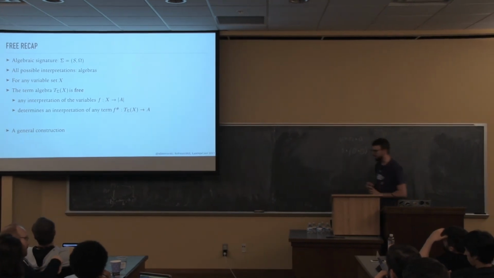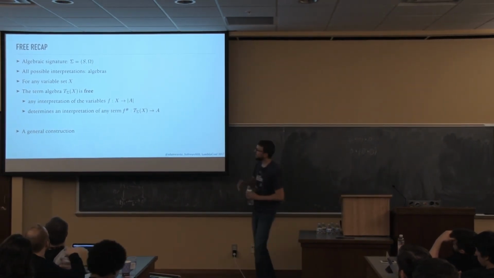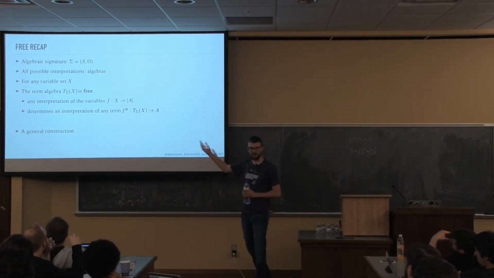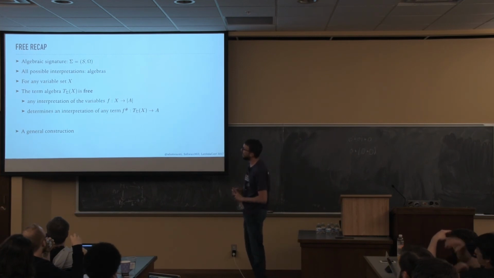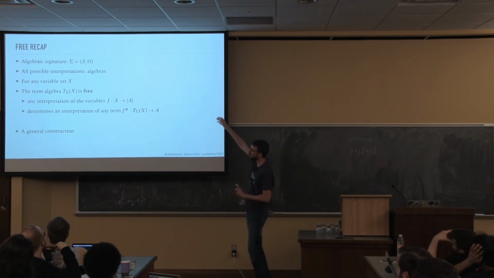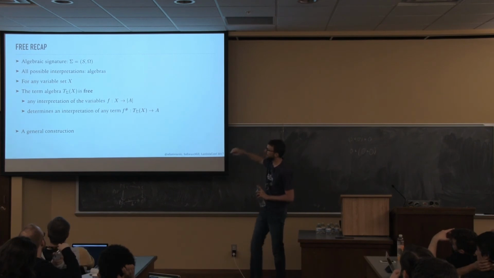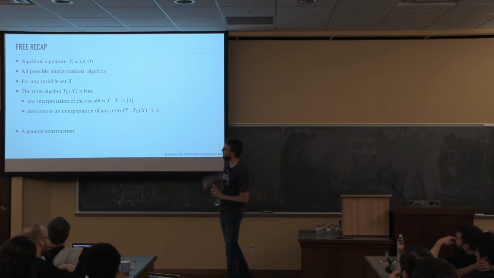Okay, so to recap a bit, we have defined the algebraic signature, which is the language that we will be using in our considerations. Then we have said that an algebra is an interpretation of that signature, right?